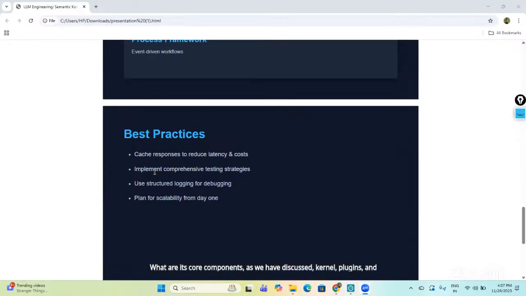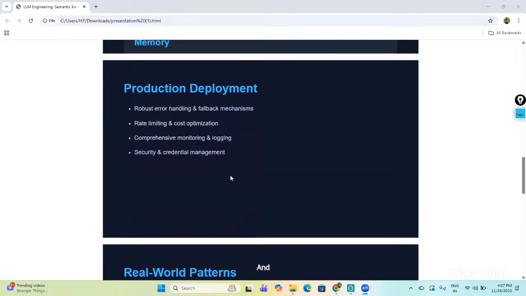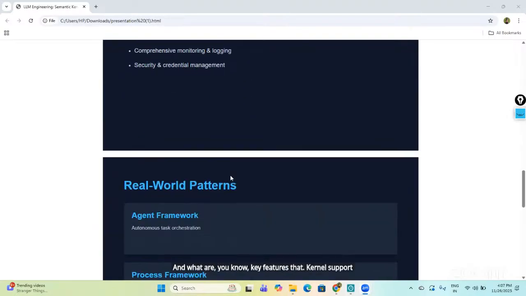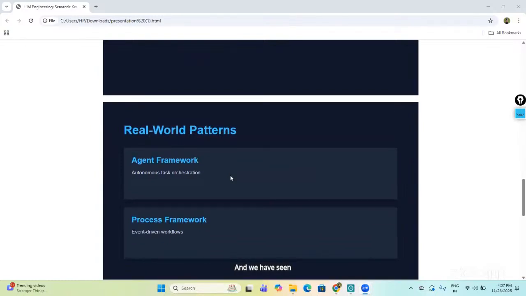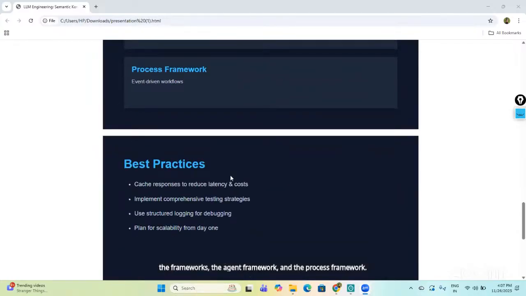We have seen the production deployment as well, and the key features that the kernel supports in production. And we have seen the real-world patterns, the agent framework and the process framework, and a few best practices so far.